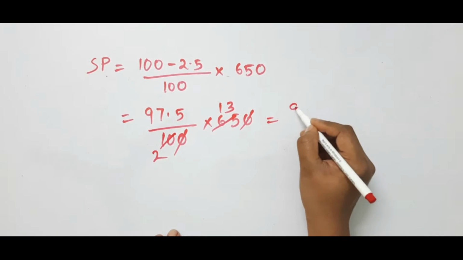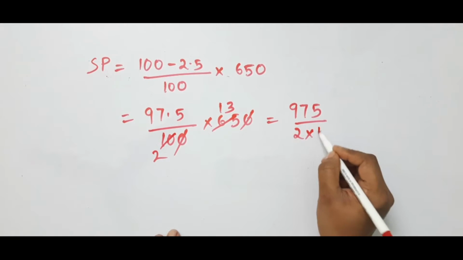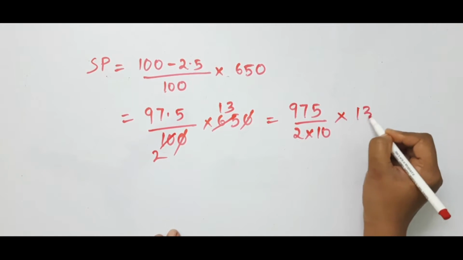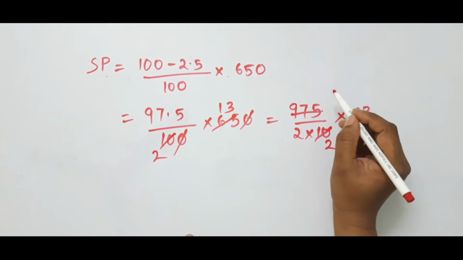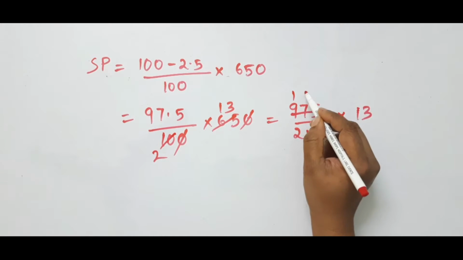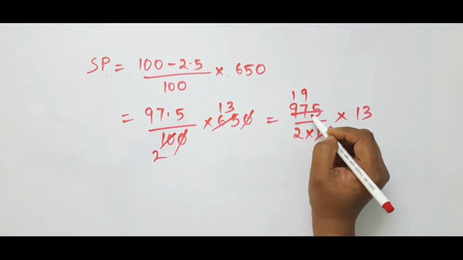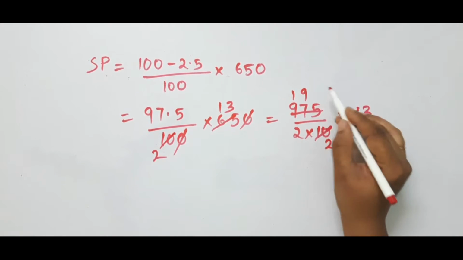So this becomes 975 by 2 into 0.5, which can be written as by 10, into 13. So 5 twos, and this is nothing but 5 ones. You will be left with 4, so it is 9, left with 25, so 5 fives.